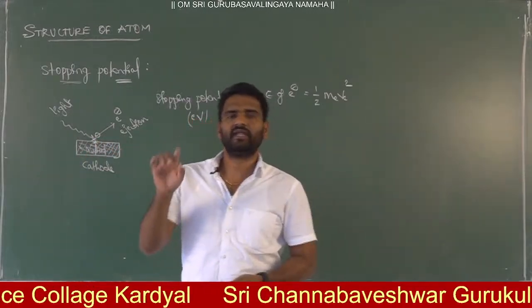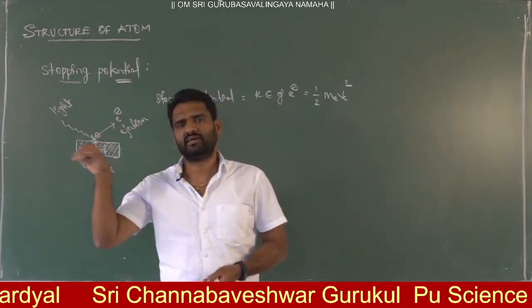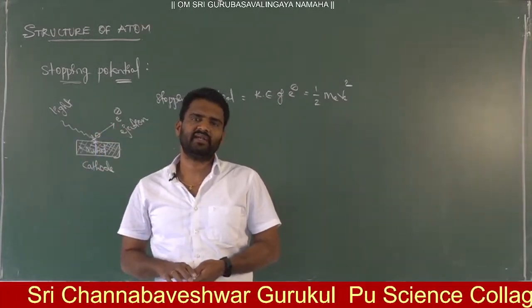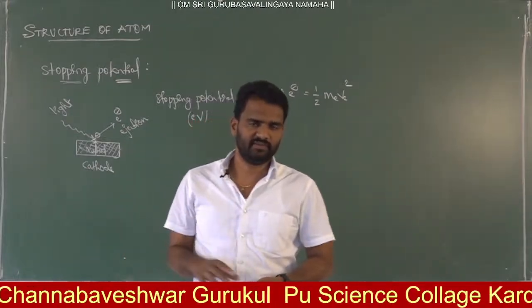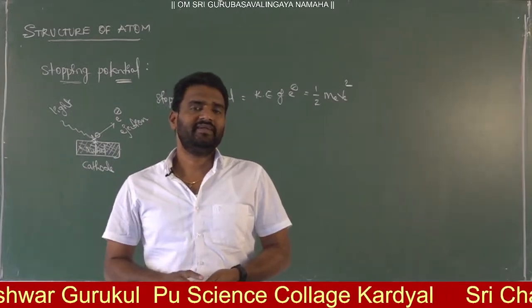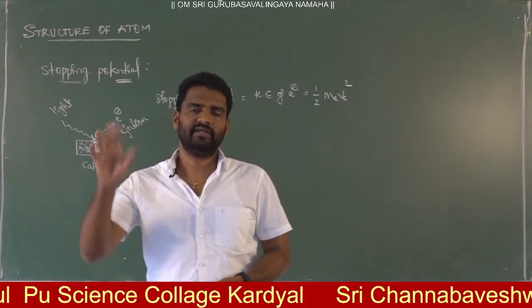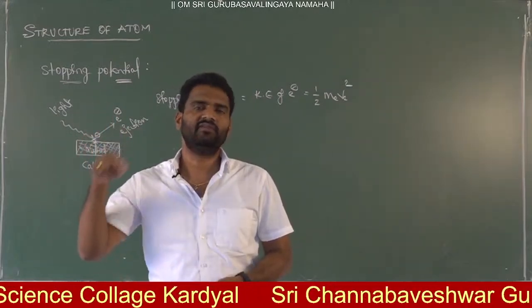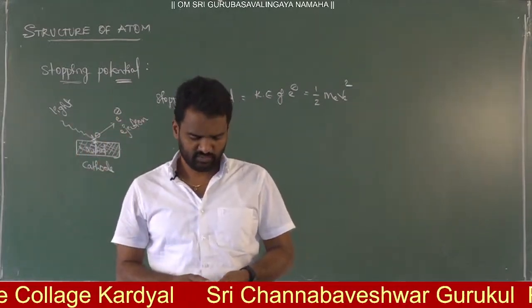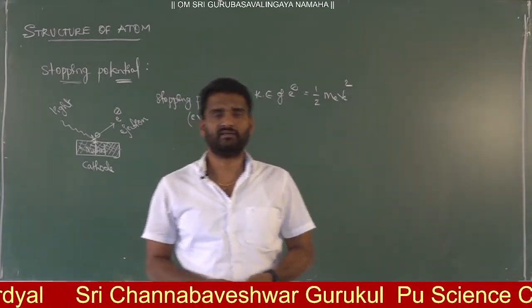Electrons are outside the nucleus, revolving around it like a planetary model. This was given by Rutherford, but he did not explain how electrons get stability while revolving around the nucleus. That is the drawback.